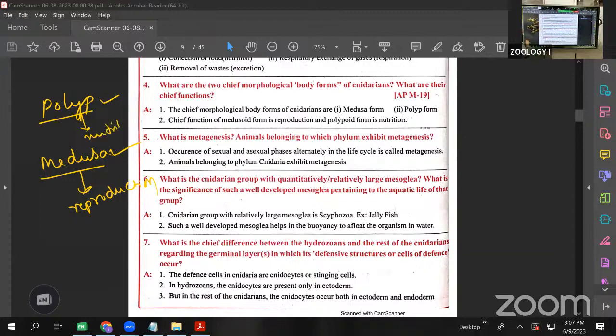So the morphological forms are medusa and polyp. The medusa form is for reproduction, the polypoid form is for nutrition. This is about the two chief morphological forms.